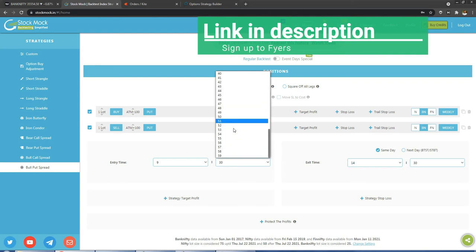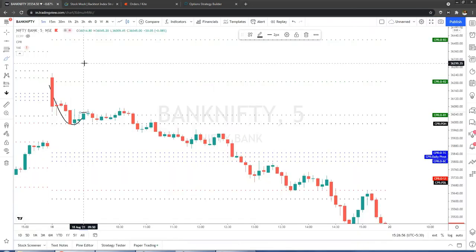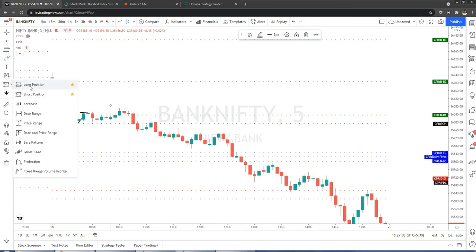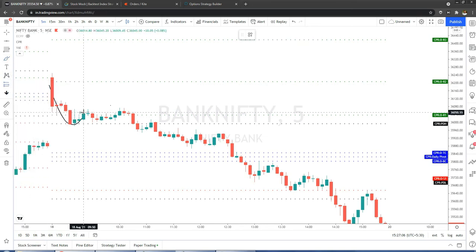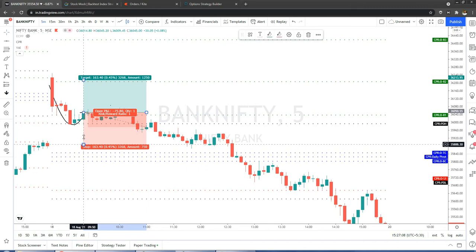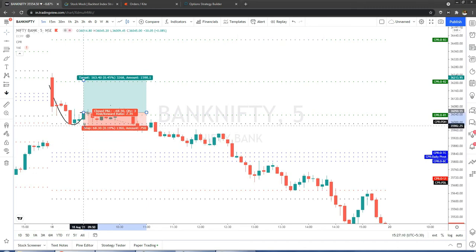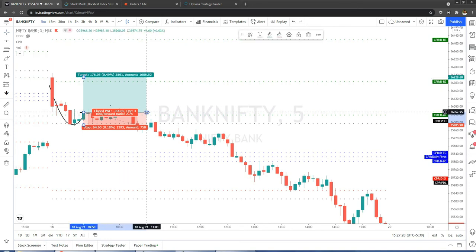Entry time would be 9:55. When you will exit, if I'm going to take a trade, I always need to know where the stop loss is and where the target is. My stop loss would be a close below the previous day high. Target will be the current day high, or even better, even after that, whatever it could be.